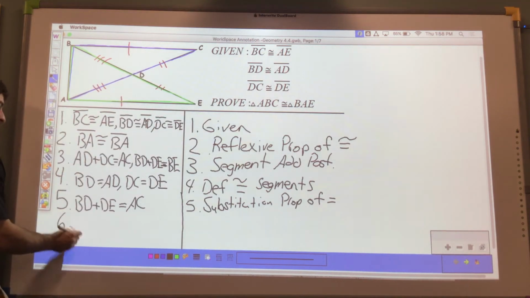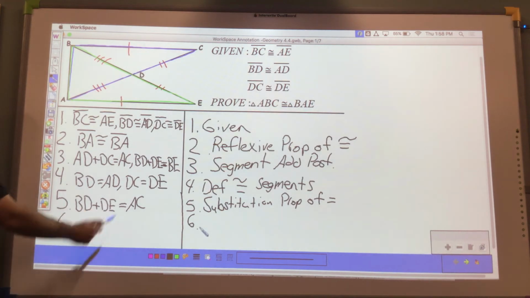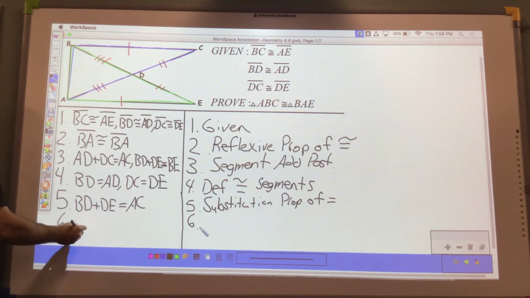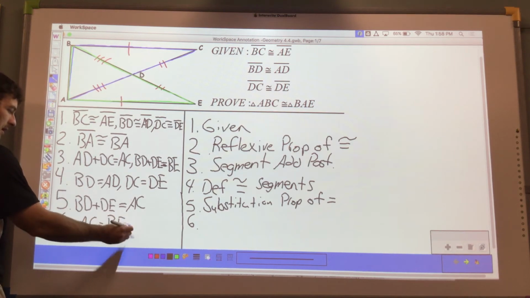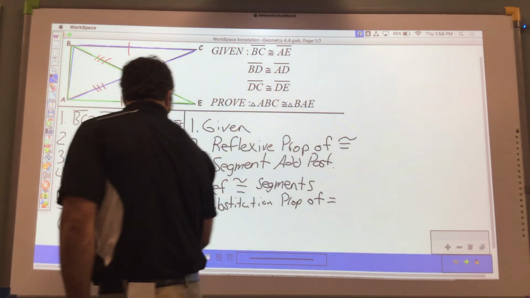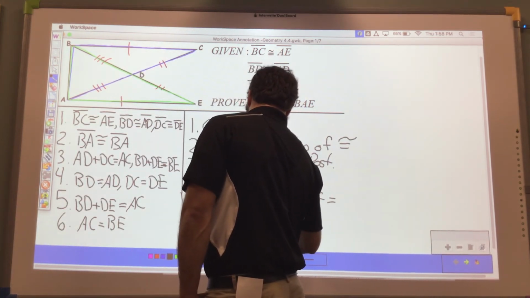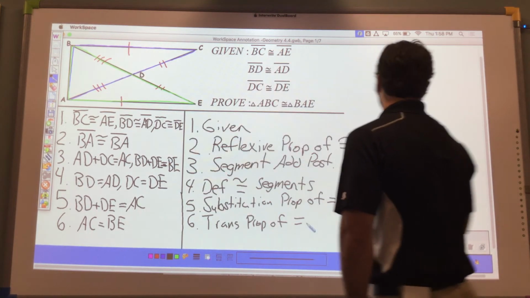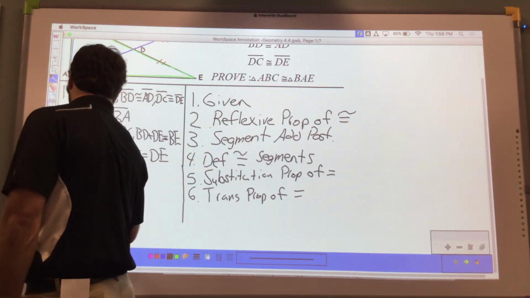So then step 6, well, BD plus DE is here. BD plus DE is also right here. This one equals BE, this one equals AC. So we can combine them and say AC equals BE using transitive property. So if AC equals the length of BE, then we can say that they're congruent.